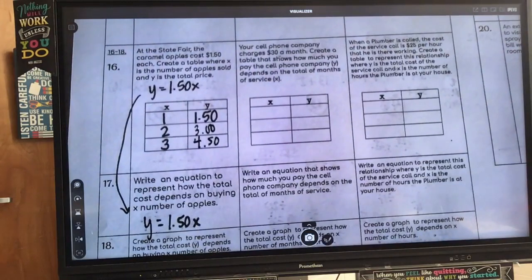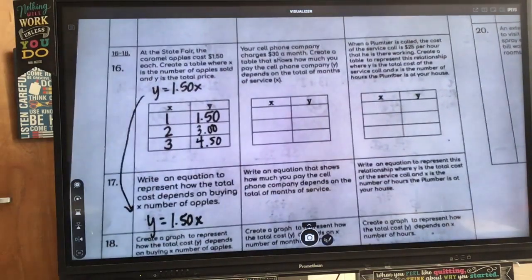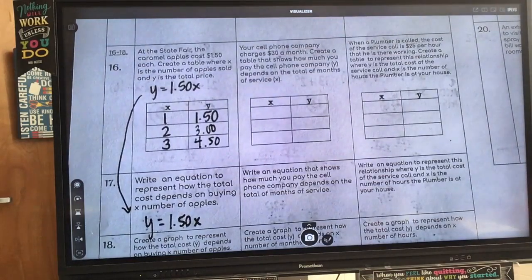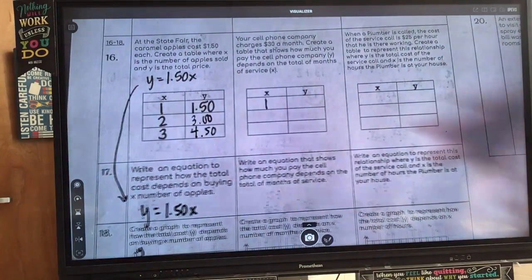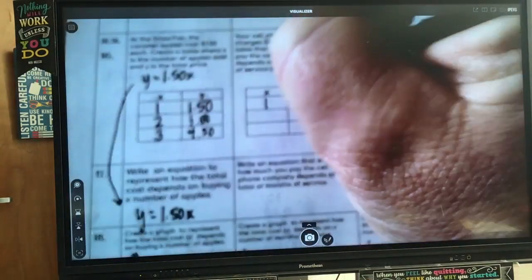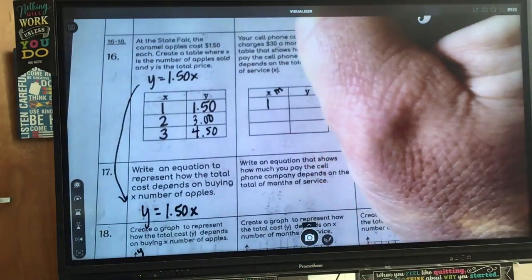So it says your cell phone company charges $30 a month. Create a table that shows how much you pay the cell phone company, which is your Y. Show how much you pay the cell phone company depends on the total number of months of service. So if I put 1 month, because x equals month, it just told me that. So this is my month, this is my money.